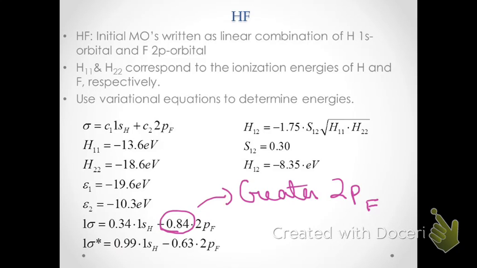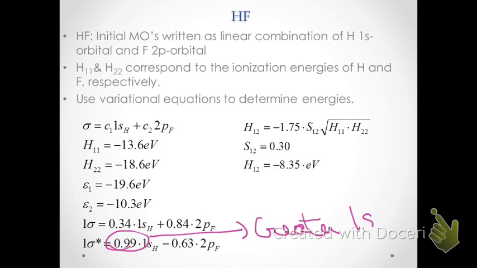Now, if we look at the coefficients here in the case of the bonding orbital, we'll notice that the larger coefficient, 0.84, is on the 2p fluorine orbital. So that means that the bonding orbital has a greater character of the 2p fluorine orbital, meaning it resembles the 2p orbital on the fluorine more closely than it resembles the 1s orbital on the hydrogen, which is what we said before.